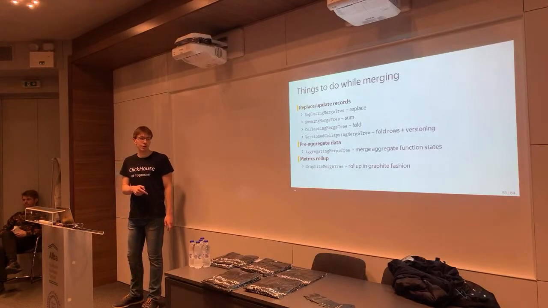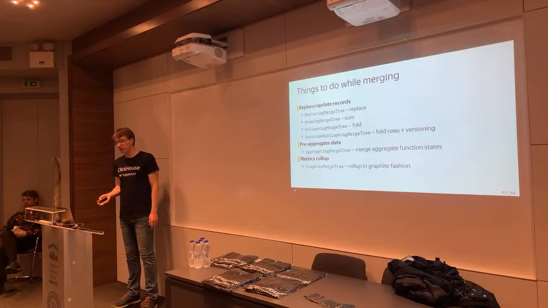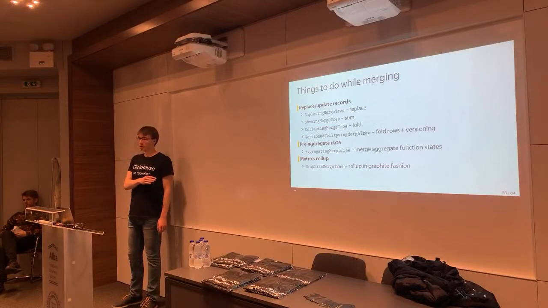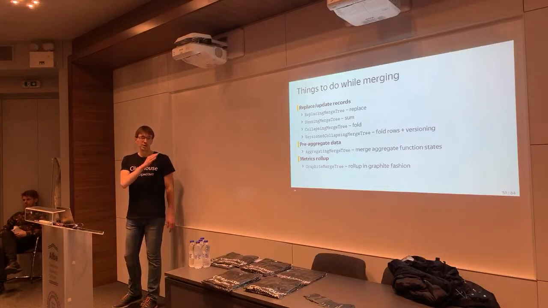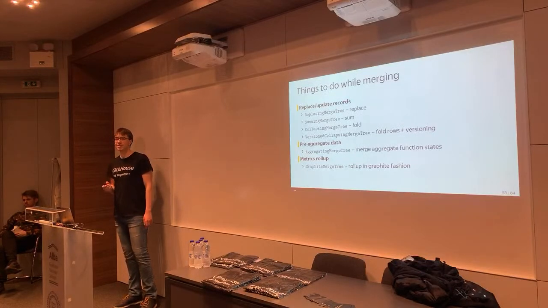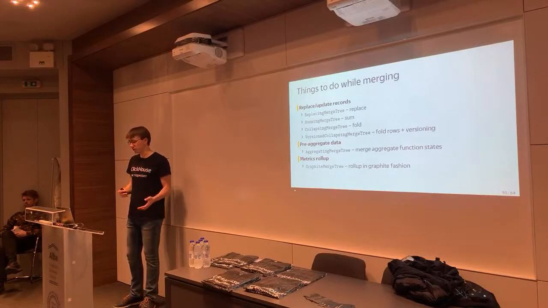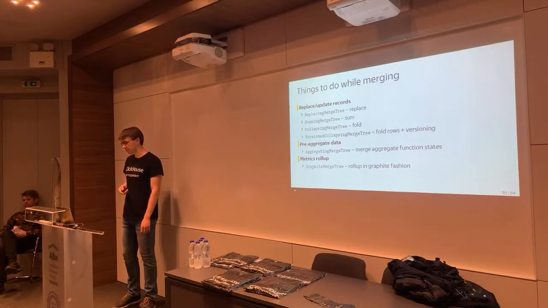We have a variation of the MergeTree table engine which rolls up its data in a Graphite fashion. You can read more about these engines in our documentation. But now I want you to remember that the only difference between them is what they do during merge operations. So you cannot have more strict guarantees, just what they do during merge.